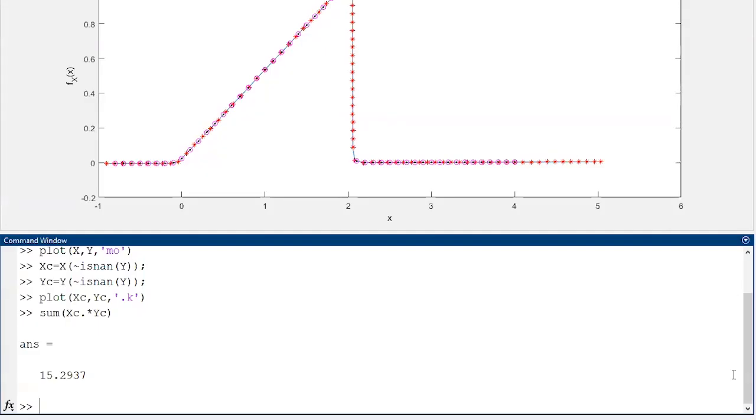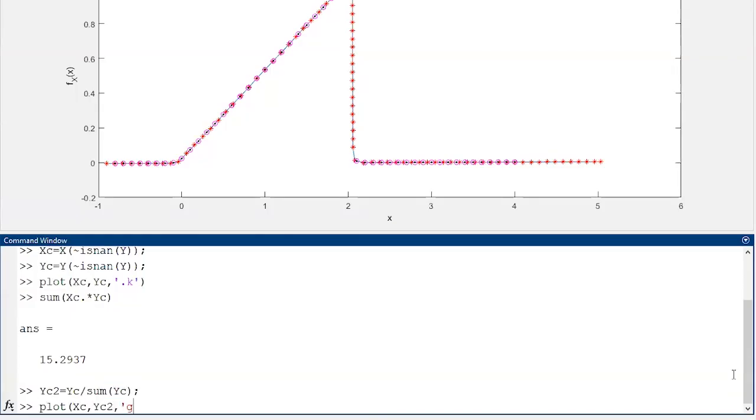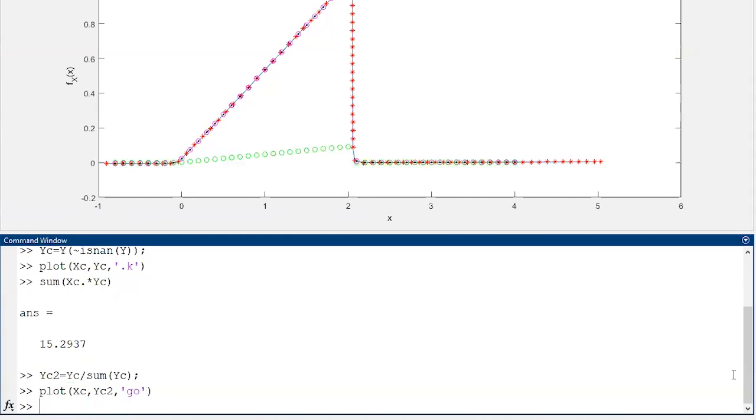So let's create our new yc2, which is going to be yc normalized by the total weight of yc. Now this array has the same shape and trend as our continuous random variable, but it is a proper probability mass function with a total probability of 1. This is the distribution we can actually use to find expected values and variances.